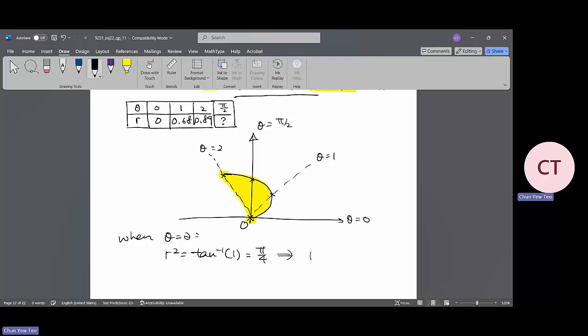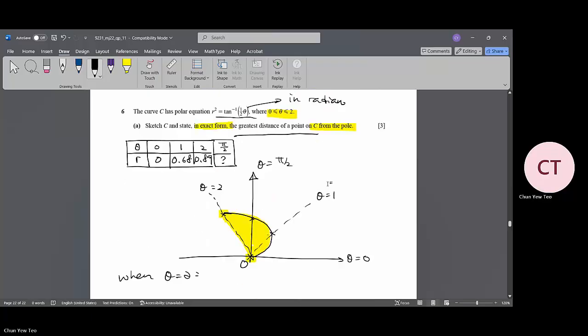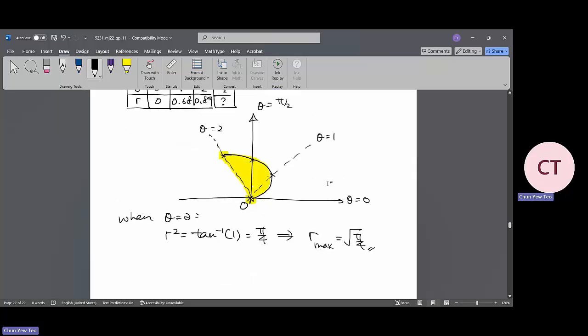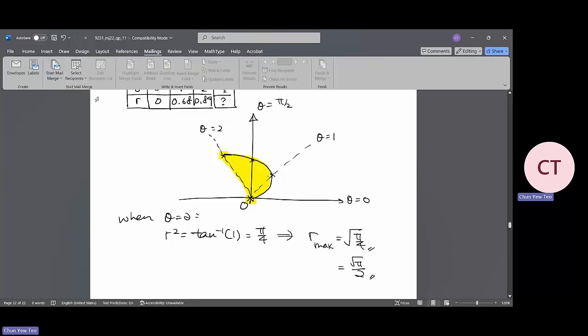So your r max is equal to the square root of pi over 4. So this is what I need to show. The greatest distance of a point on C from the pole. Or you can also write this as the square root of pi divided by 2. Okay, yeah, almost forgot about this.